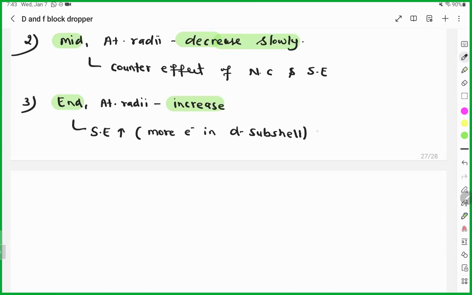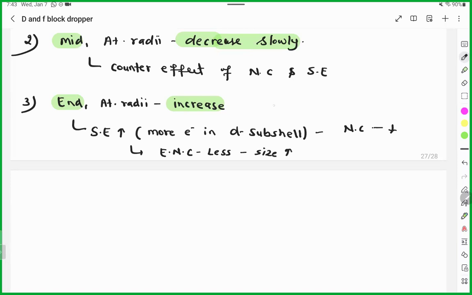If the impact of the nucleus is less, it means effective nuclear charge will be less.